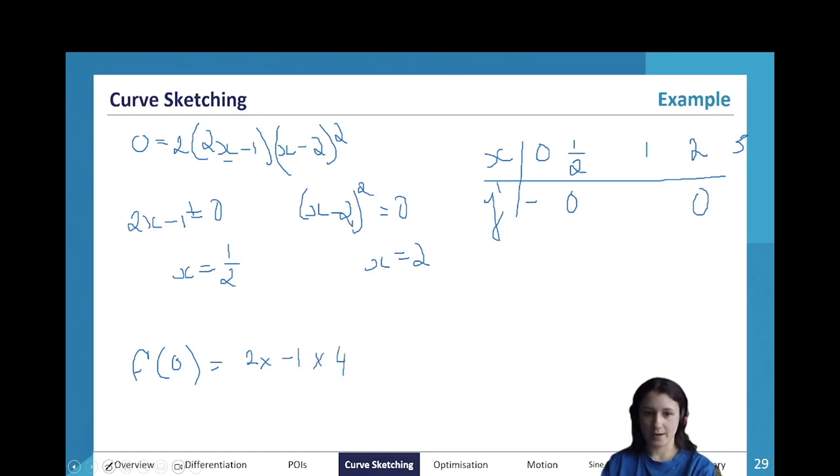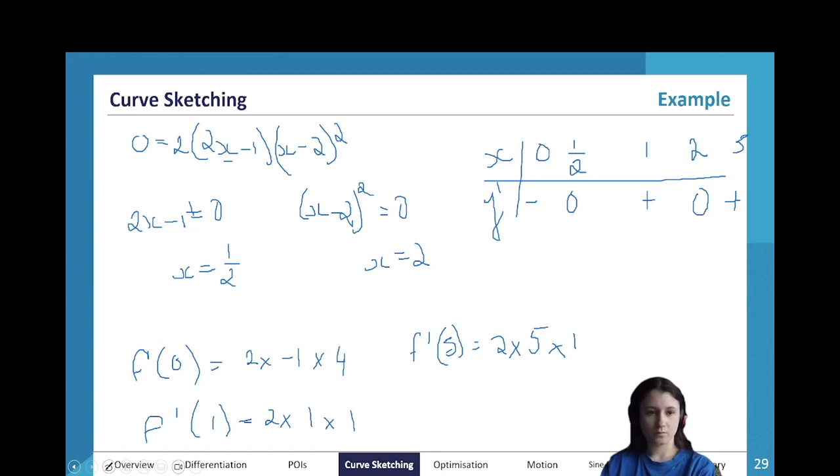So this is going to be negative here. f dash of 1, we're going to have 2 times 1 times 1, so it'll be positive here, and then f dash at 3, we're going to have 2 times 5 times a positive number, 1, so that'll be positive there, I believe.